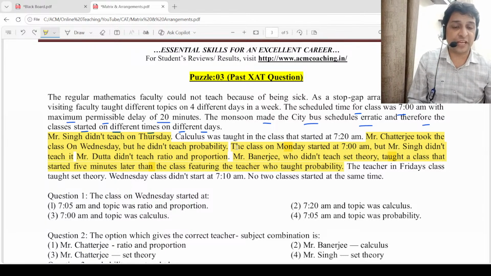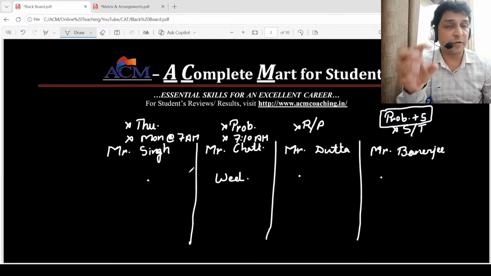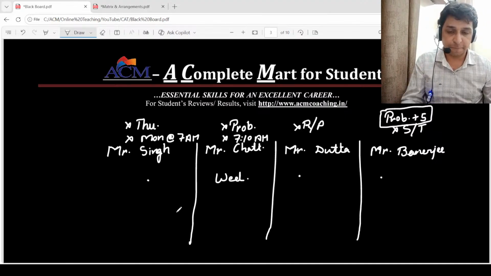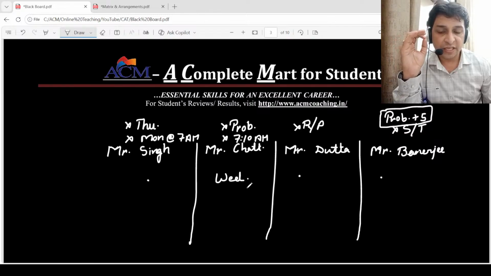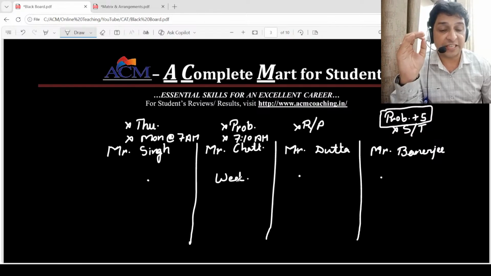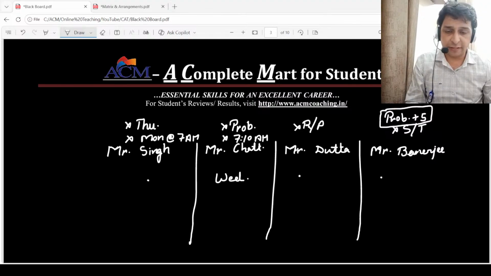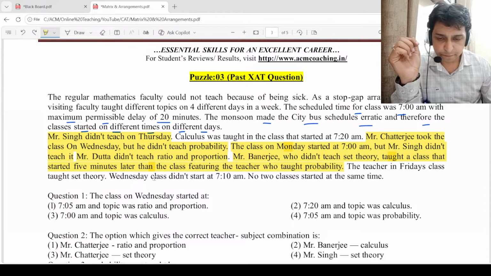So the information which we have not used, let's start using the information which we already have. Direct data, first of all, let's use that which we have in front of us. Mr. Singh did not teach on Monday, did not teach on Thursday. He can't teach on Wednesday because Mr. Chatterjee is teaching on Wednesday. Other day which we have been given is Friday.